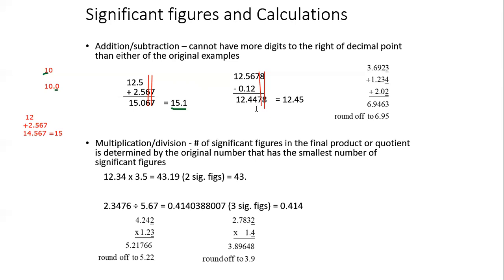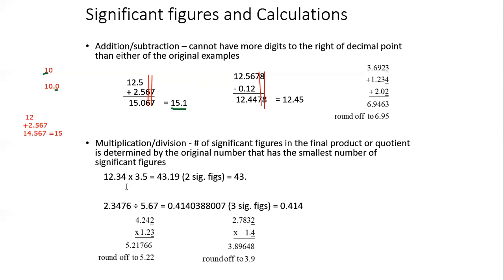So whenever we're doing multiplication and division, we're just looking at the significant figures in our original numbers and seeing which one has the fewest. And that's going to dictate the number of significant figures in your operation. So we take 12.34 times 3.5. The calculator tells us 43.19.